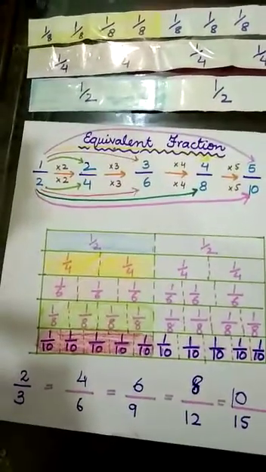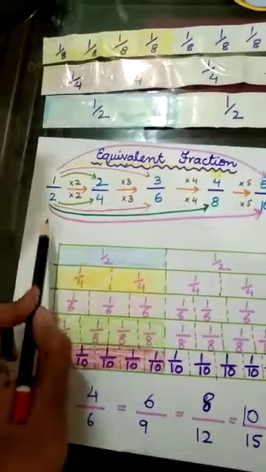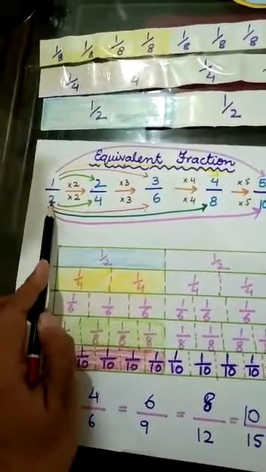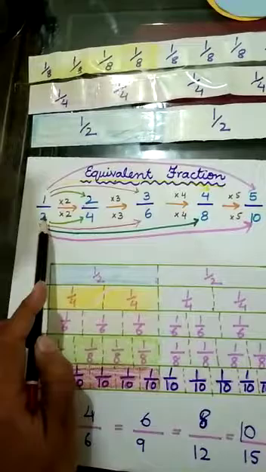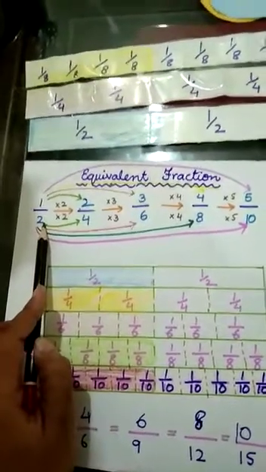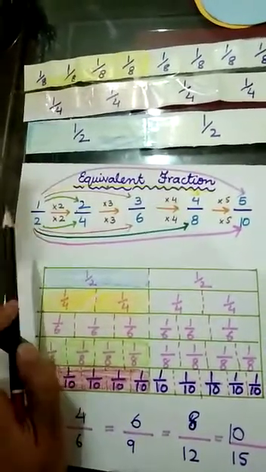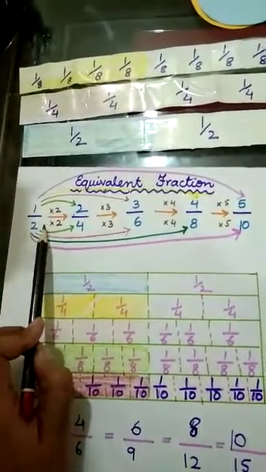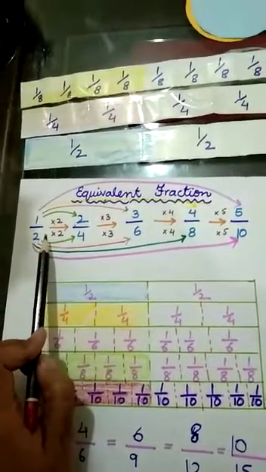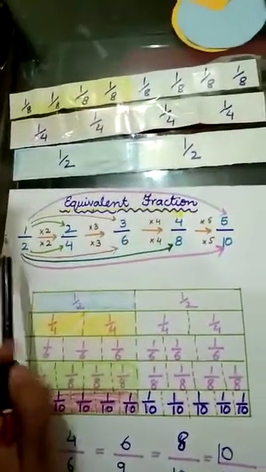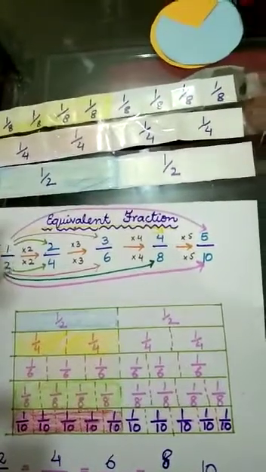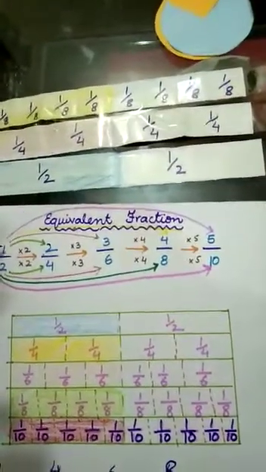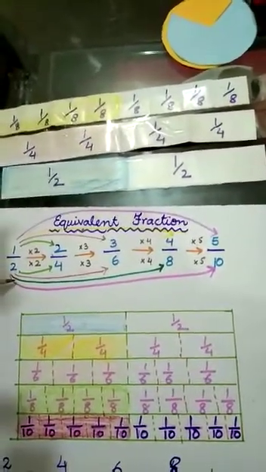Now if I say I have a fraction 1 by 2, and tell me 5 equivalent fractions of 1 by 2, then while finding equivalent fractions you have to remember two things. One is that you either multiply or divide. What you do with the numerator, you have to do with the denominator also.